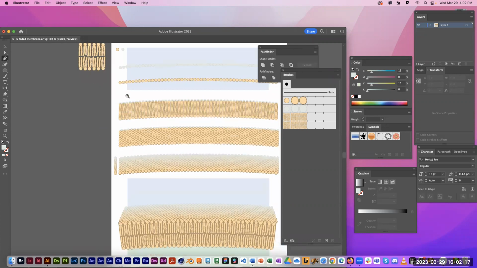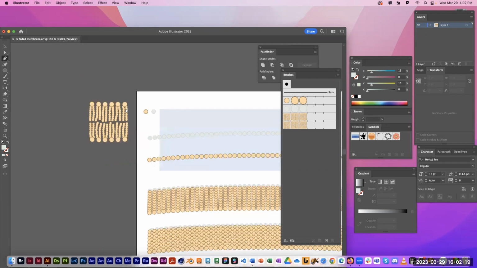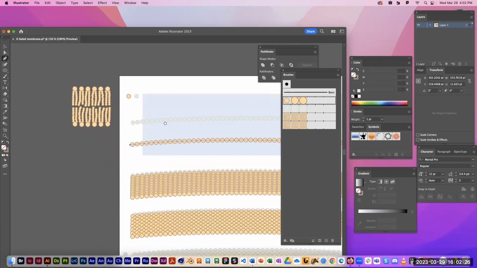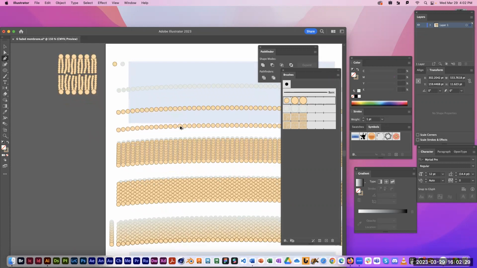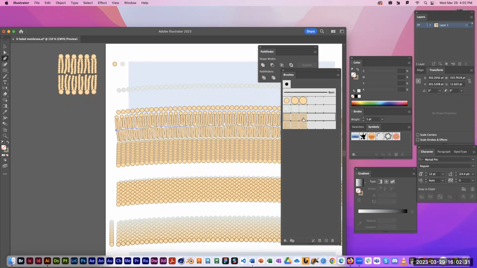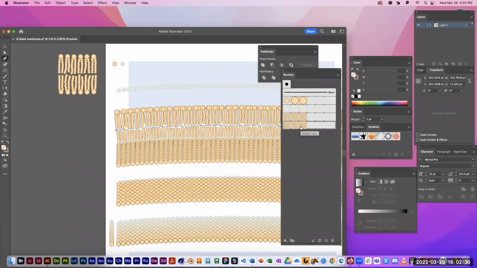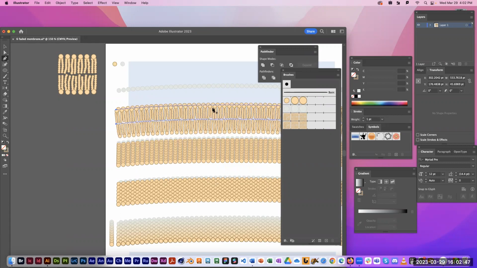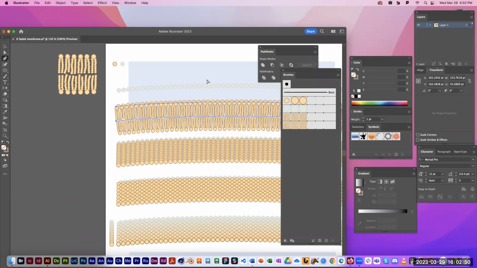One way you can do that is, there's our cut edge of our lipid bilayer.